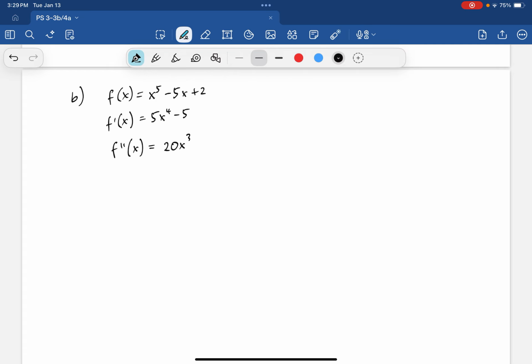X cubed. All right, so where is that going to equal 0? Find that point of inflection. That's going to equal 0 when x equals 0. So that only splits up the number line into two different intervals.